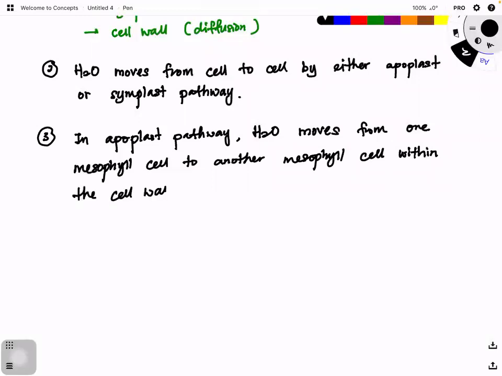Okay, by what process? By diffusion. Because cell wall, right? Down the water potential gradient.